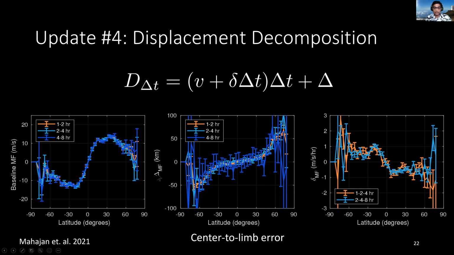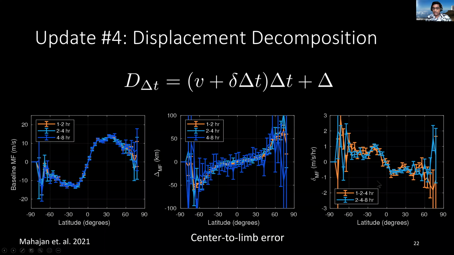That's the systematic error. This is like a constant shift in terms of kilometers. So at 60 degrees latitude, it looks like there's always a 50 kilometer shift, no matter what time lag you're looking at. Even if you were looking at a zero time lag, you would still see a 50 kilometer shift.